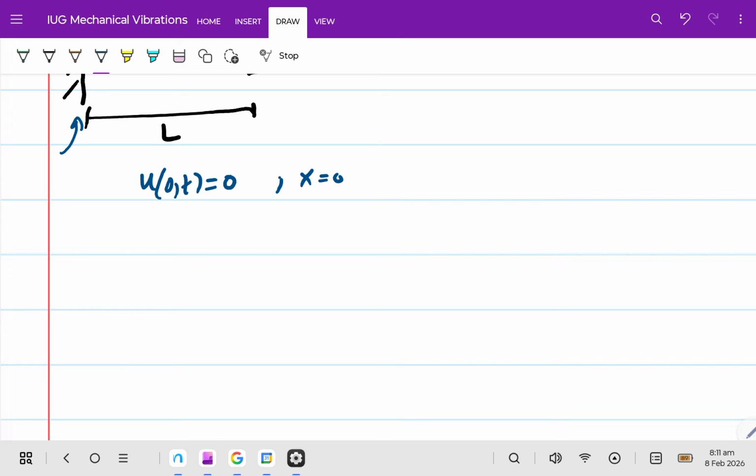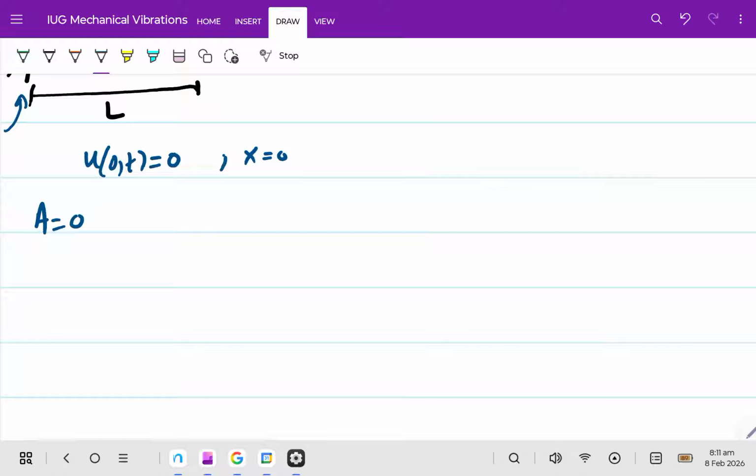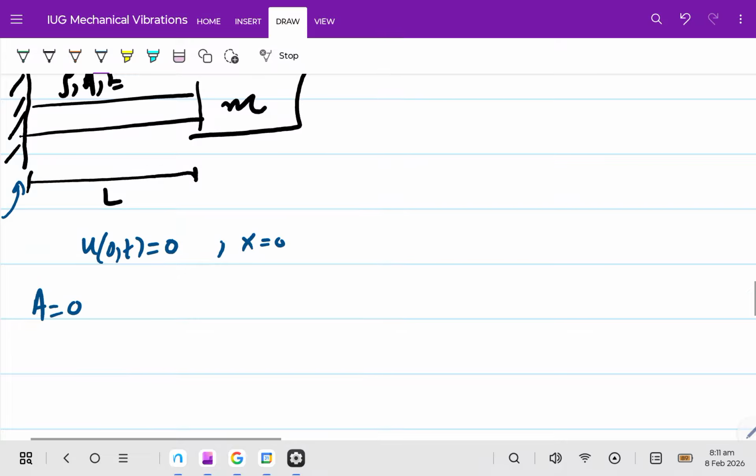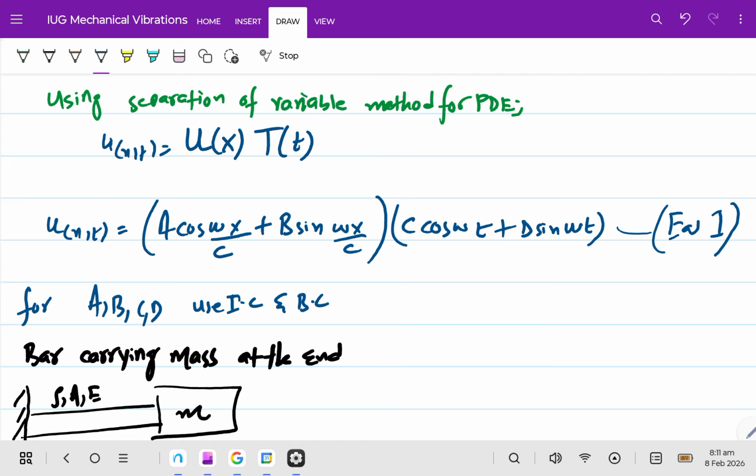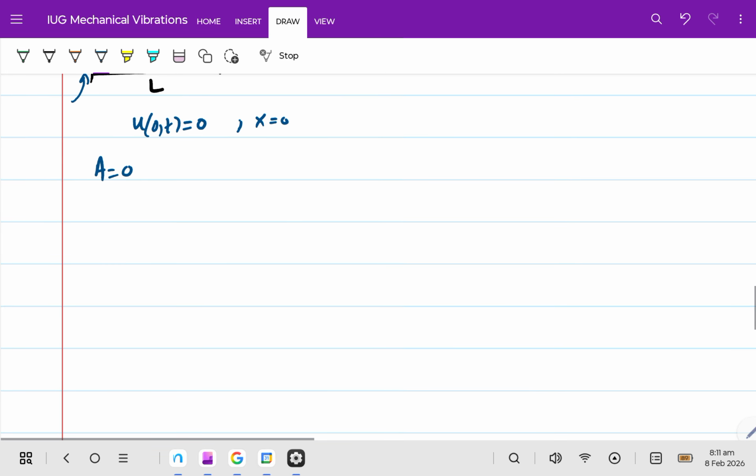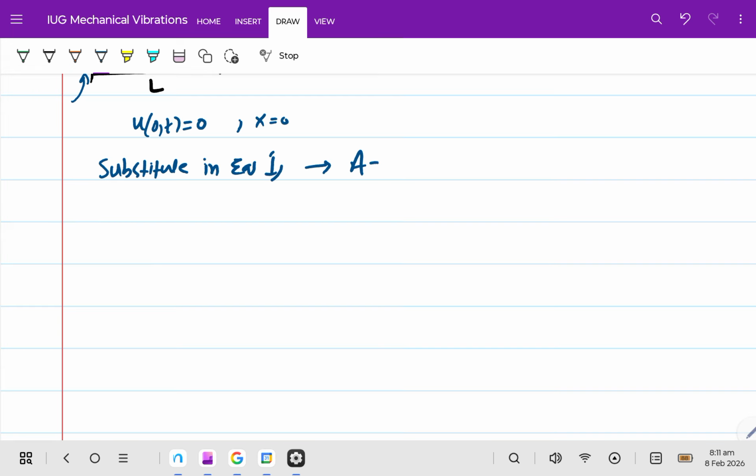So if you substitute this into the equation that we calculated earlier, equation 1, you will necessarily find the constant a to be equal to 0.